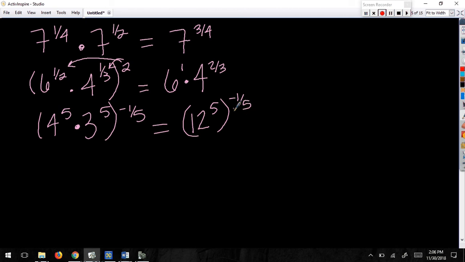Can I do anything else? No. You sure? Yeah, I can multiply them because I got a power to a power. What's 5 times negative 1/5? -1. And yes, McKinley, you do have to flip it since it's a -1.